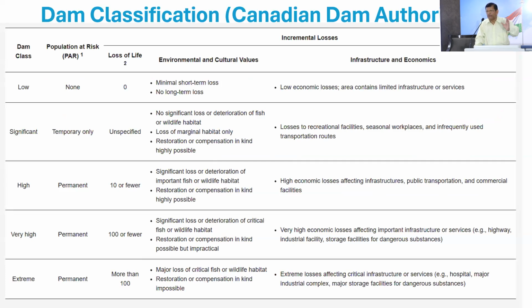Low means there is no risk and no loss of life if the dam fails during a seismic event, low economic losses, and it contains very limited infrastructure or services. So during the seismic event we are not seeing much effect.